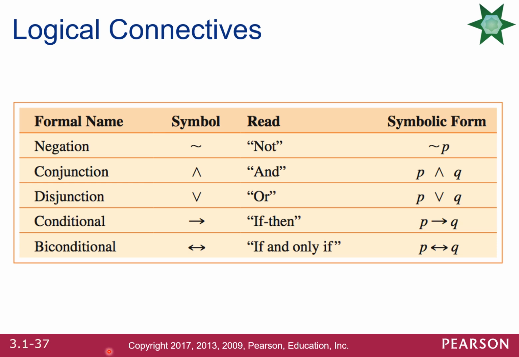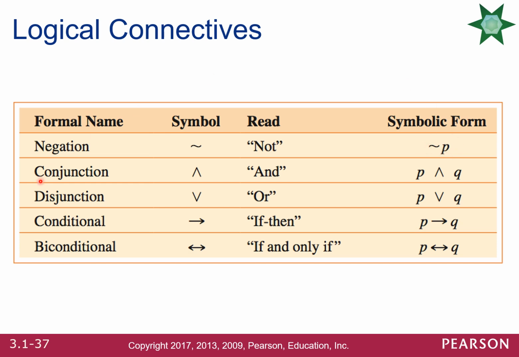So here's a summary of all the logical connectives that we learned about in this section, with their symbols and how they are to be interpreted and their symbolic forms. So we start with negation. Negation is denoted by the tilde symbol and it's read as not. So in the symbolic form, not P means that the statement is negated.